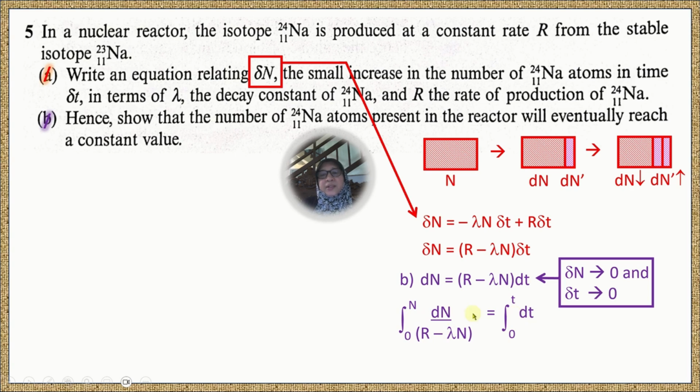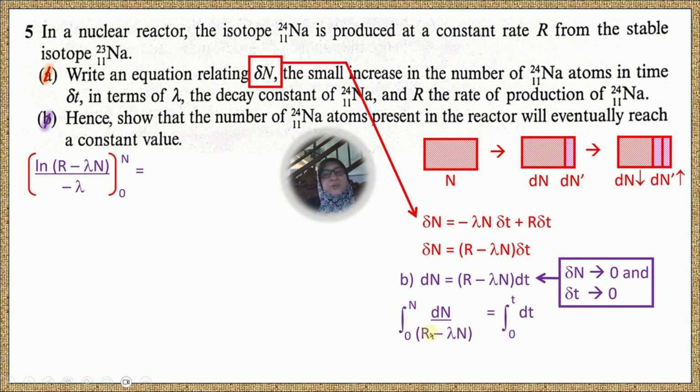Okay, so we separate the variables. In other words, we separate the variables here. So on the right side the variable is t, and on the left side the variable is n. R is a constant. Okay, so we continue to the left side of the slide. The integral of this one, we get ln of r minus lambda n over negative lambda.